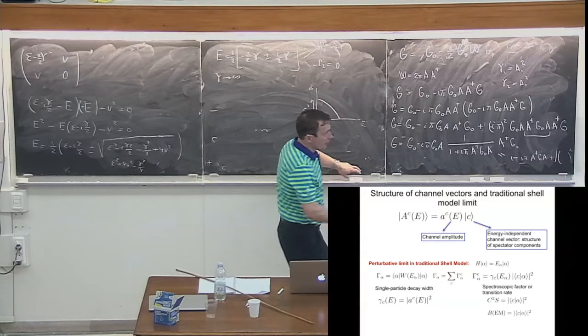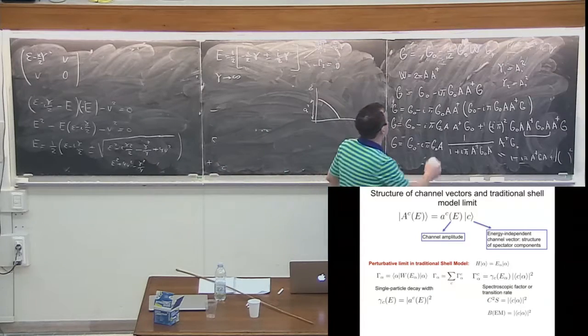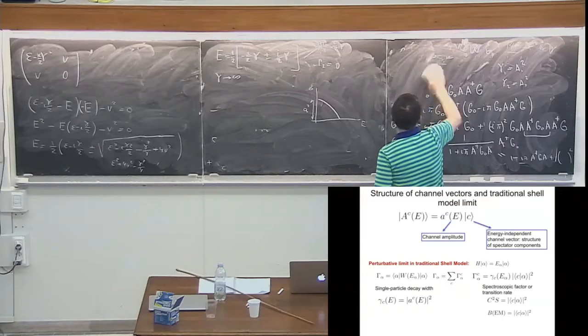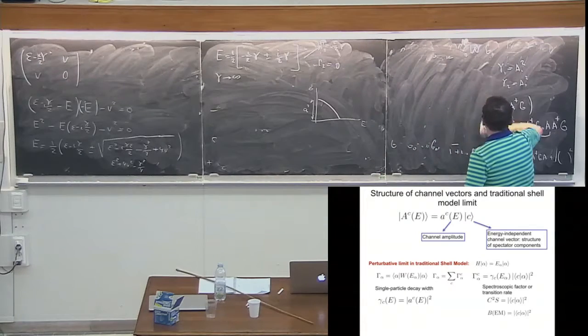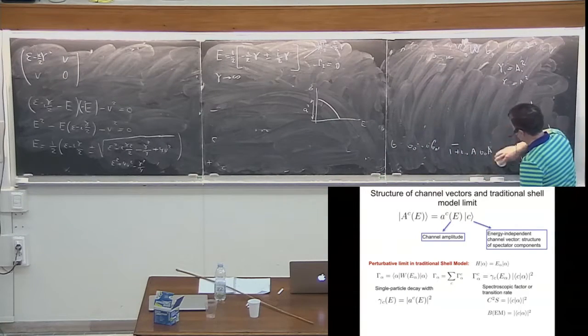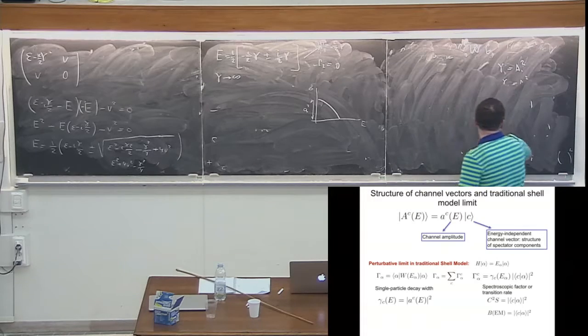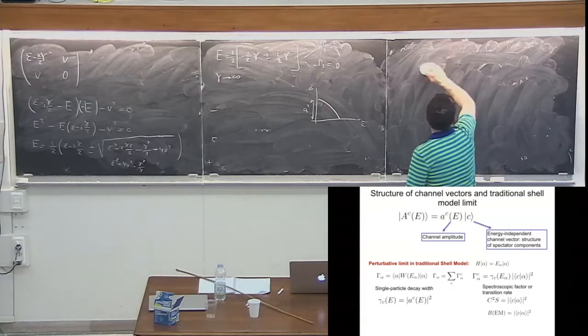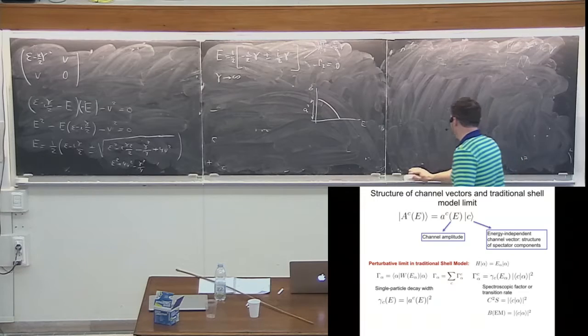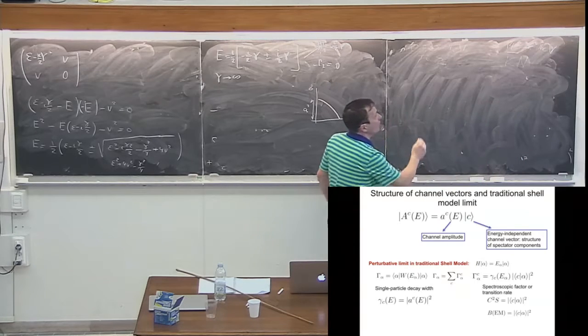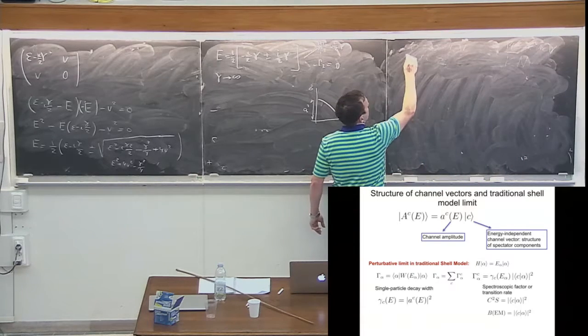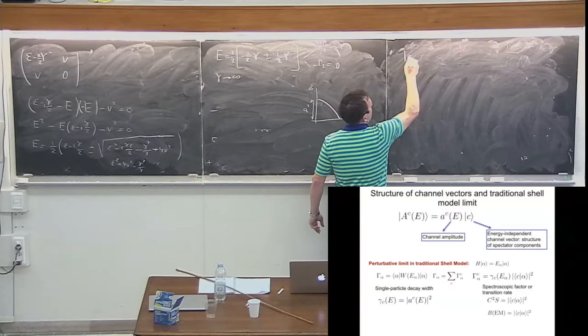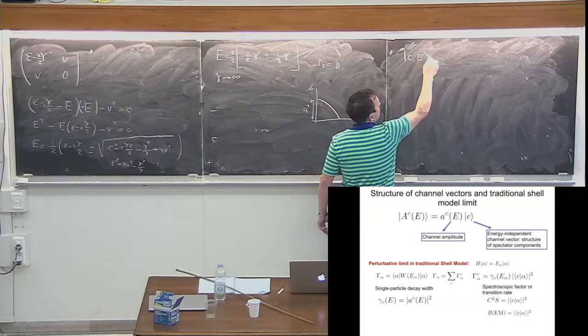So then maybe an important statement here is about the channels. If you look at our problem, we have a channel and we can define this channel state, which is a function of energy, right?